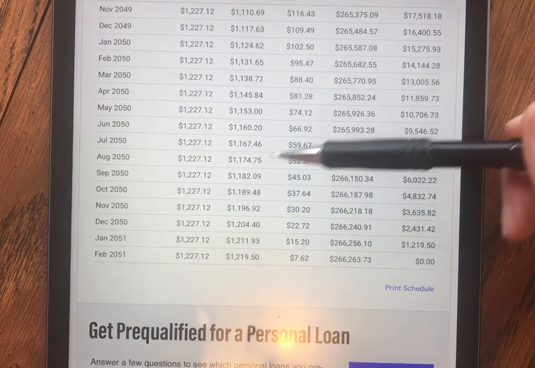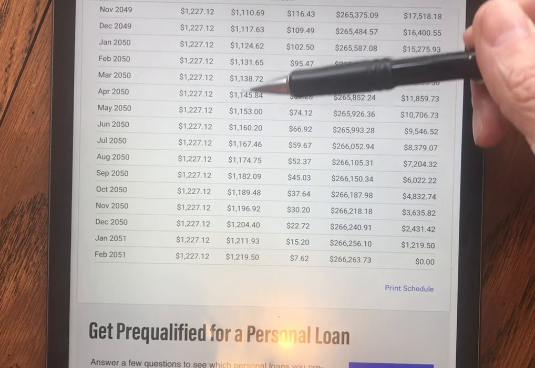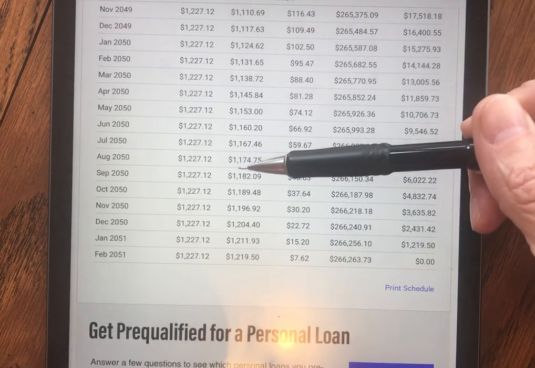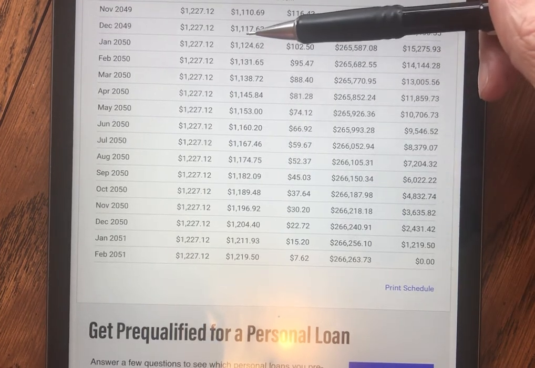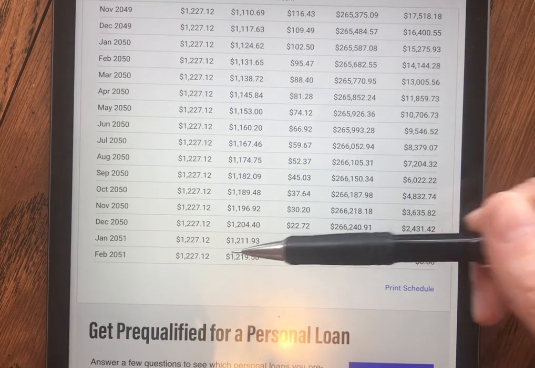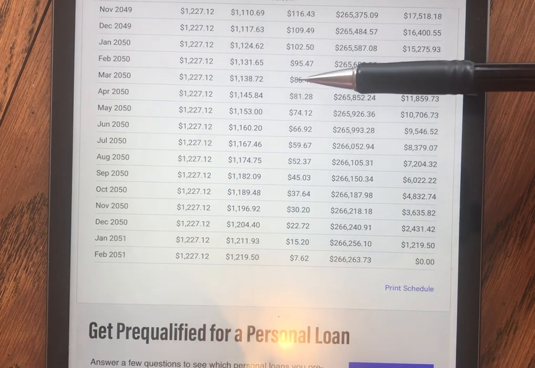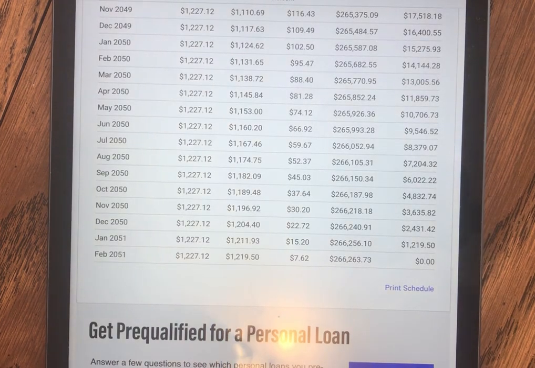As you can see again, the bank is getting their money first. You are paying off the loan, but the amount that's going to the loan starts off small and goes big, in order for the bank, again, to get their money first. So that is a loan amortization schedule.